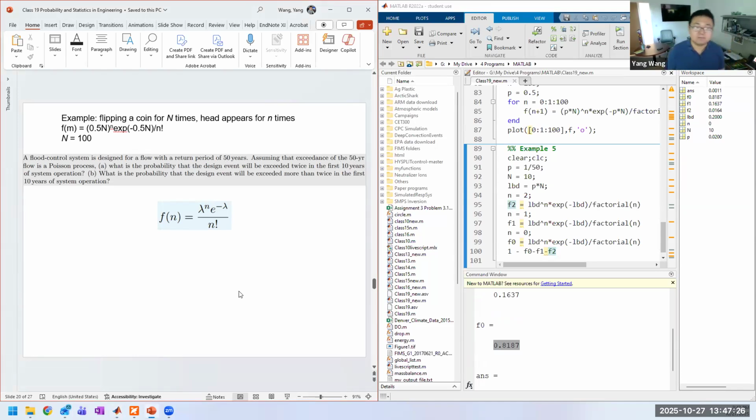So you can easily expand this scenario. Let's say you bought a washing machine, and the washing machine is designed with a return period or lifetime of 20 years. Theoretically, you can use it for 20 years.